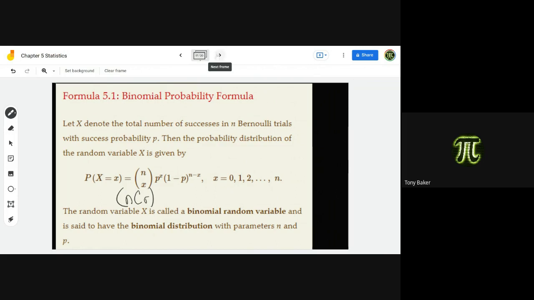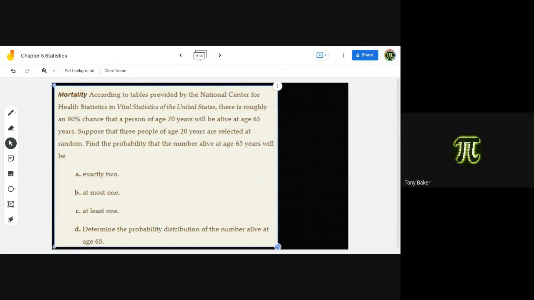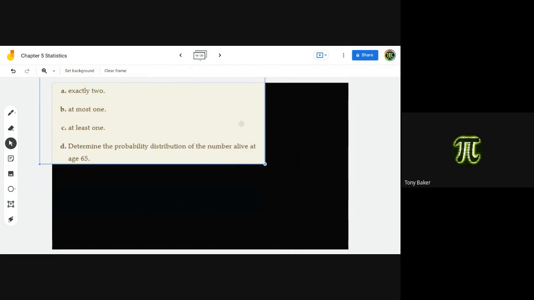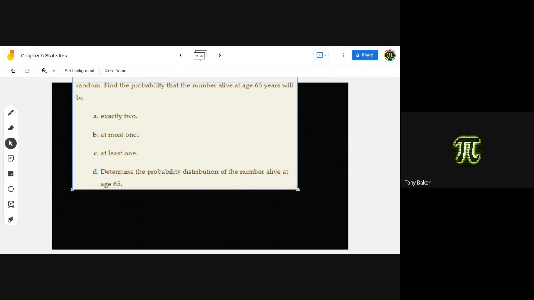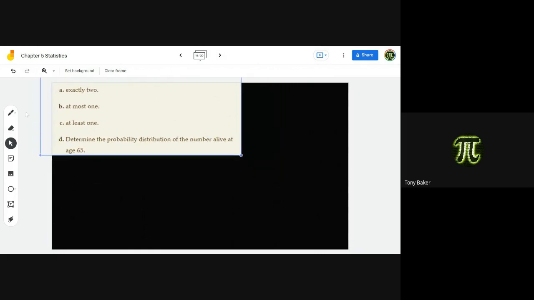Okay. We're going to go back to the problem that we just did. But this time, we're going to use the formula for it. All right, so actually, since we already got that information, I don't really need the rest of it. I just need the problems.